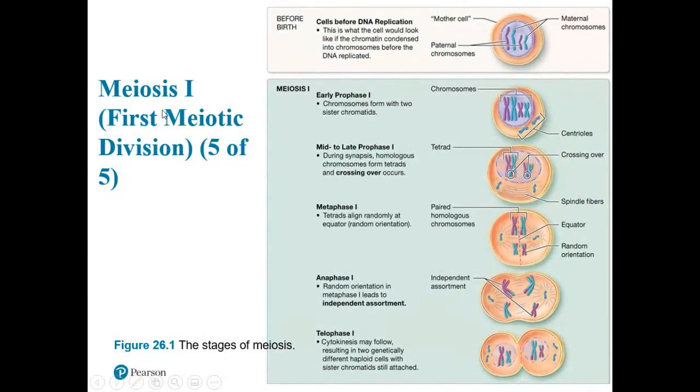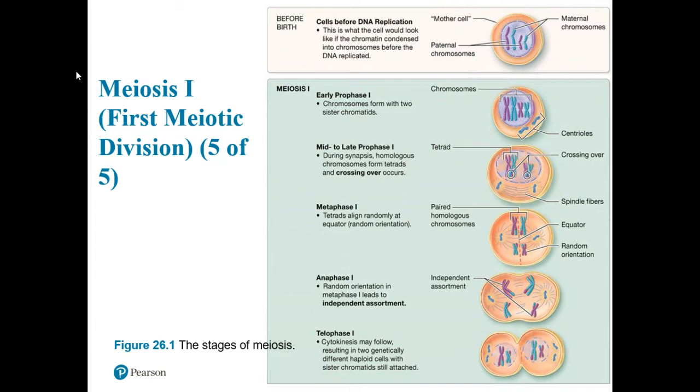Now, during meiosis, again, recall meiosis is in essence the formation of gametes, which are sex cells. Meiosis takes place in 2 rounds of division. So 2 rounds of division, not to be confused with mitosis. That's different.